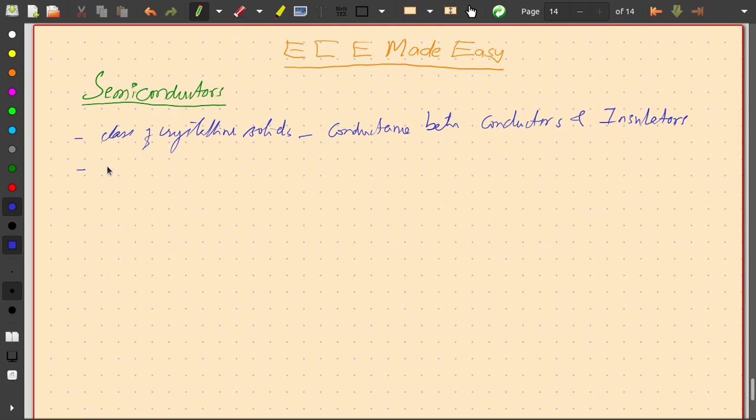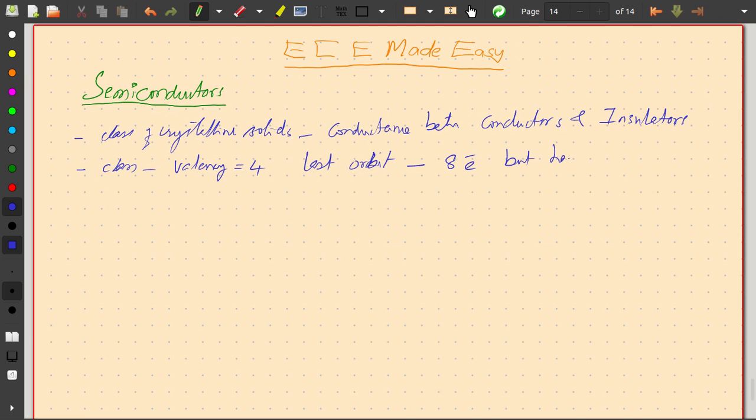Semiconductors belong to a class who have a valency equal to 4. That means the last orbit, supposed to have 8 electrons, has only 4 electrons.